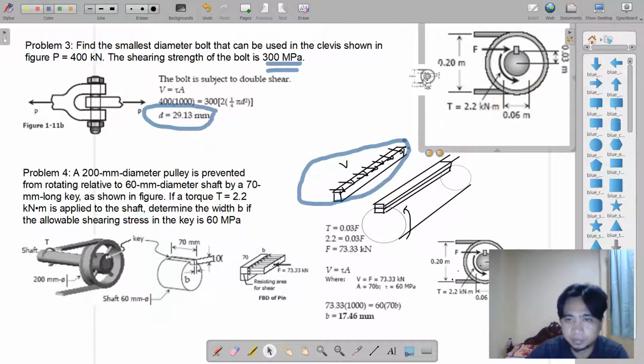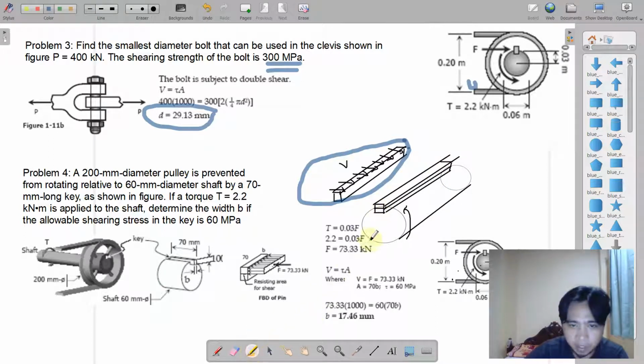So basically, since that is the locking member between the shaft and the pulley, it will be subjected to a cutting force. Basically, it will be cut along this line. May I highlight that line?